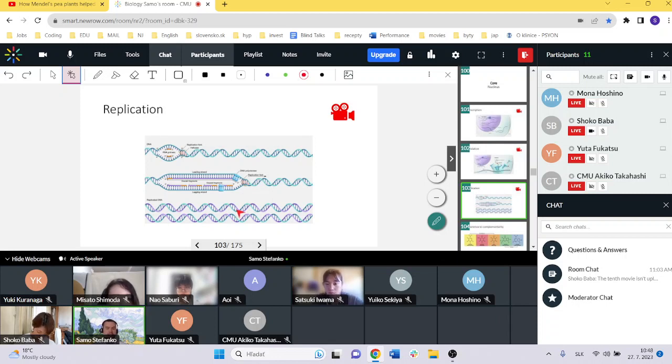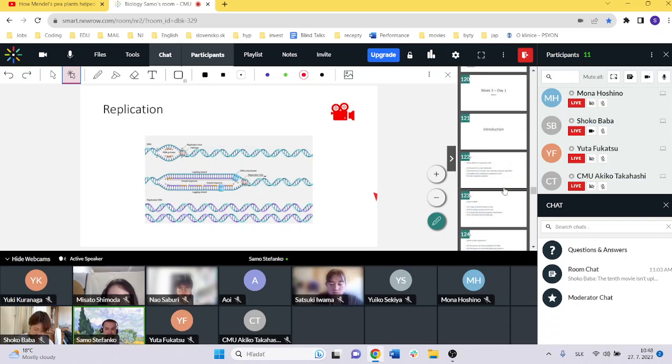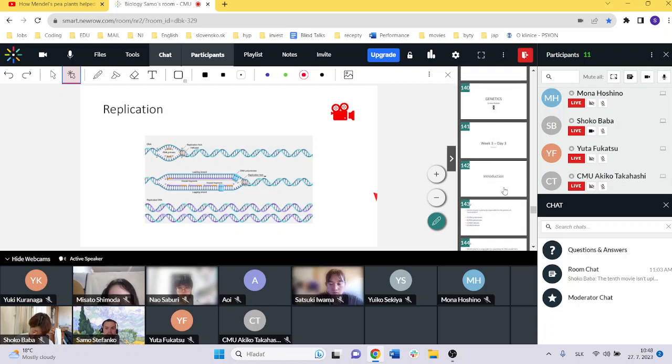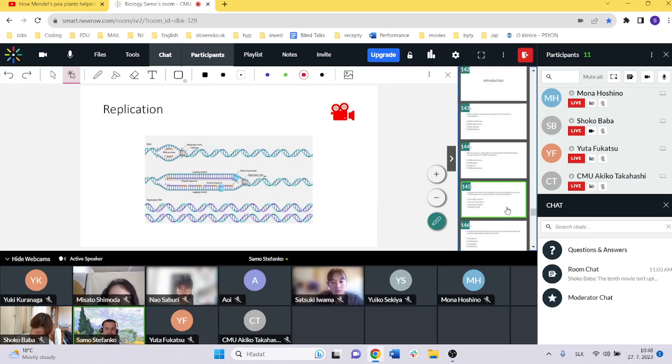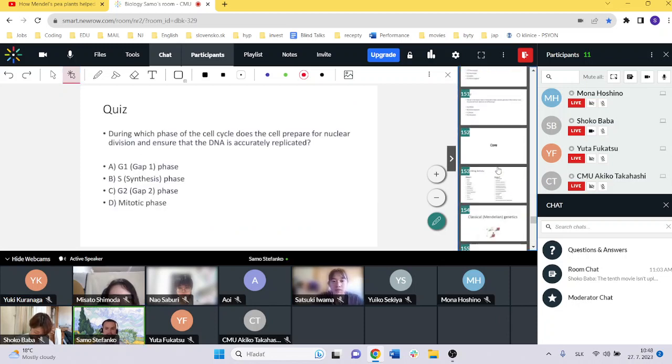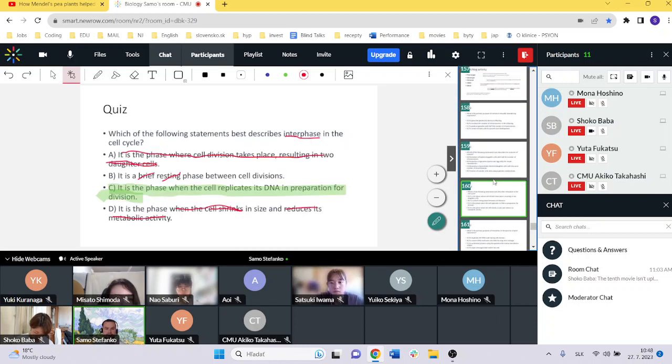So this is DNA replication, which takes place in S phase, as we discussed in a previous question. So no, this is not our question.